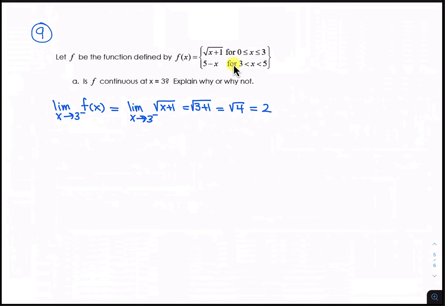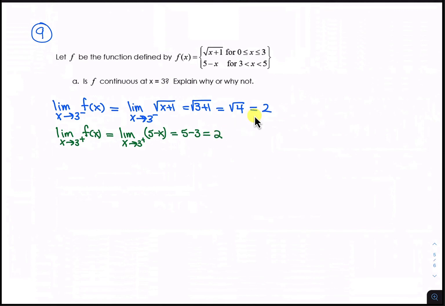Now let's look at the limit as x approaches 3 from the right. When you're coming from the right, you are now looking at the second function, that's 5 minus x. So the limit as x approaches 3 from the right of 5 minus x, using direct substitution, is going to be 5 minus 3, which is 2.